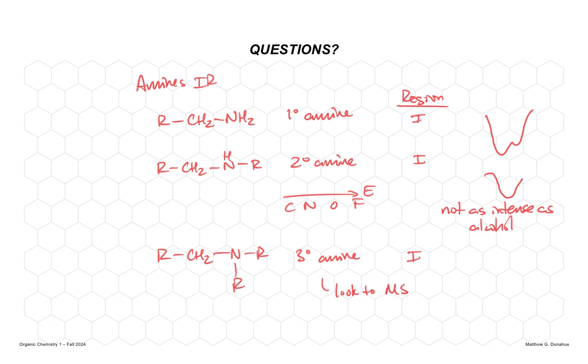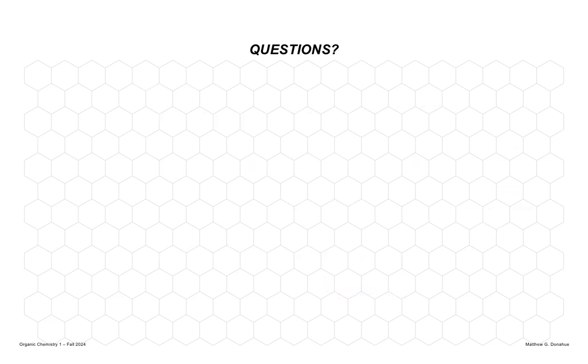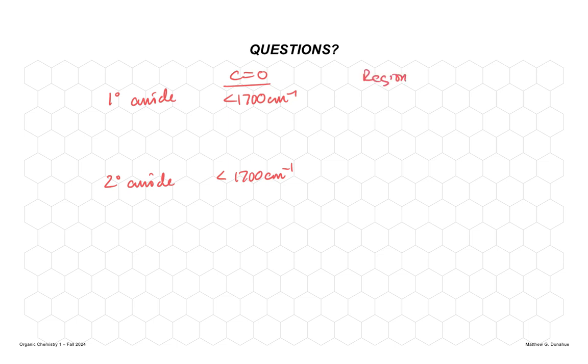Yes. Between primary and secondary amide? So again, how do you know it's an amide in the first place? The carbonyl will be below 1700. And then primary versus secondary, you look to region 1.